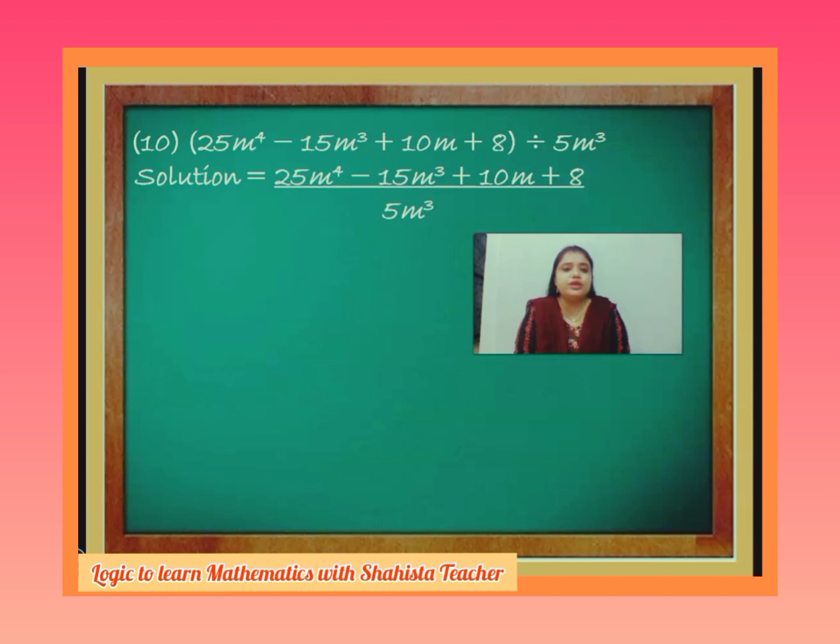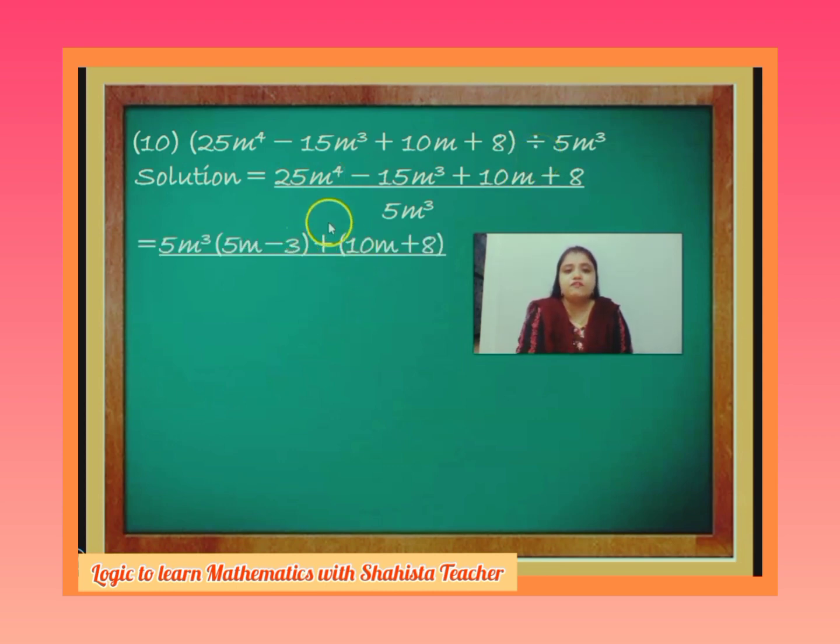So let's see. Here 25m raised to 4, 15m cube and 10m all easily divide by 5, but 8 will not divide by 5. So let's see what we will do here.